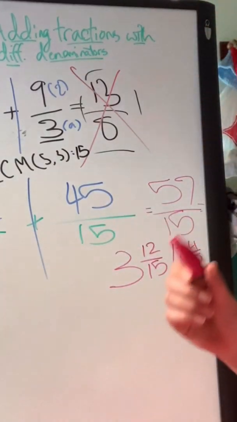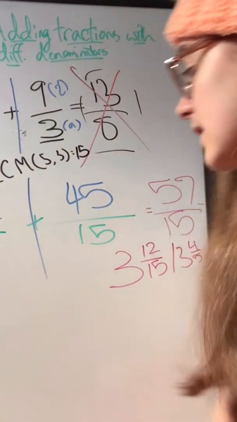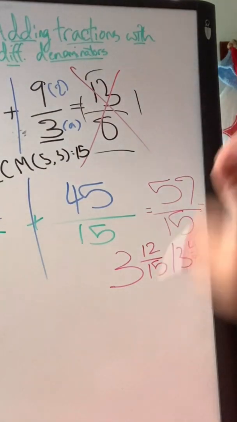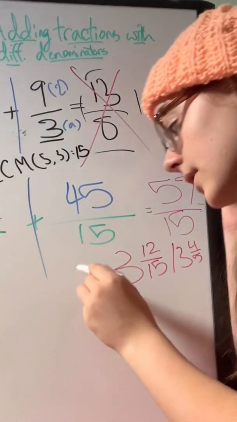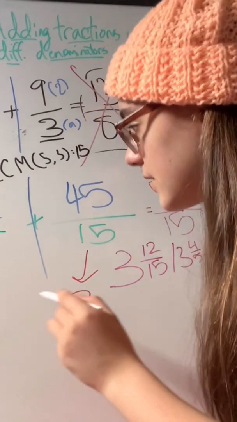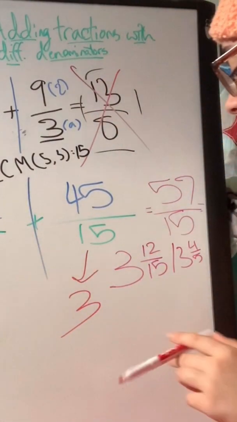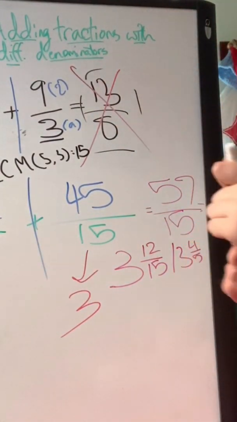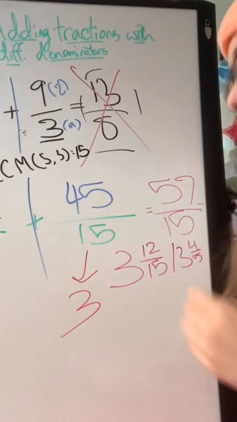And the reason we get 3 and 12 15ths is a cool shortcut. 45 over 15 is 3, so it's just like saying 3 plus 12 over 15, which is 3 and 12 over 15, or 3 and 4 over 5.